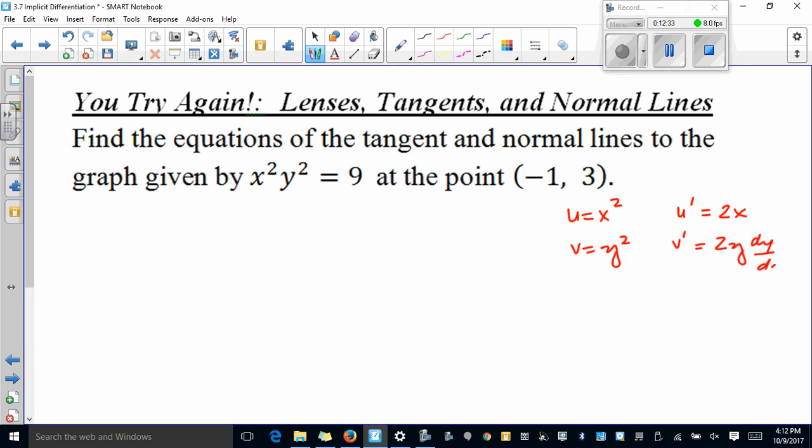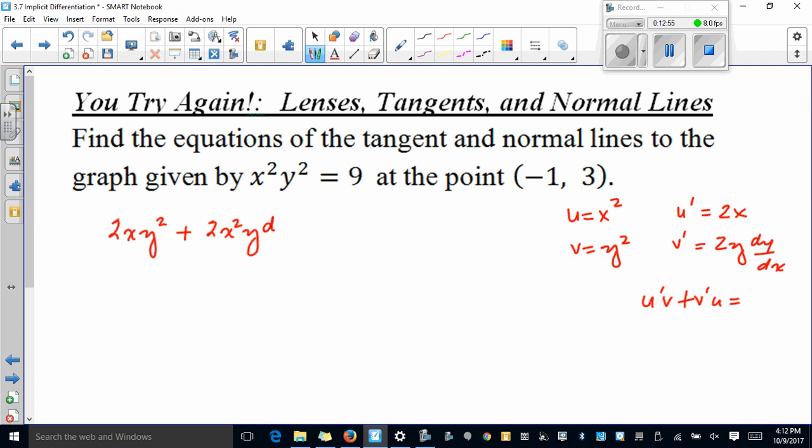So we get u prime v, so 2xy squared, plus 2x squared y dy/dx equals 0.